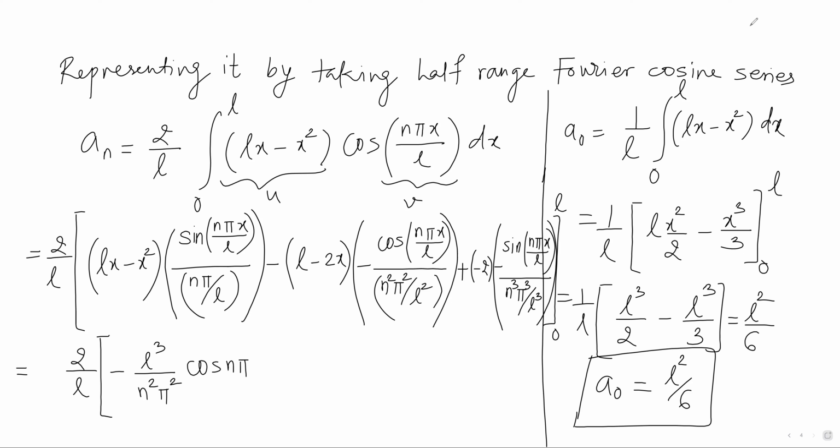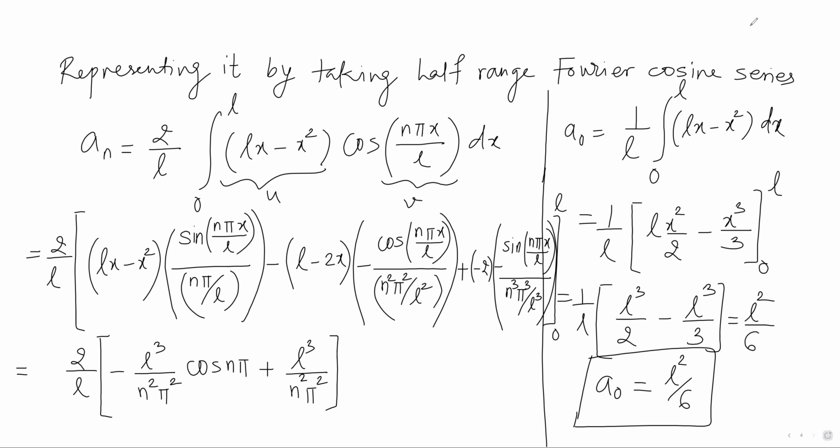Cos 0 is 1. And we'll again get minus 3 times, so it is plus 4 times we'll get. So it is plus, and we'll have this as L square. Correct? L square. And here it is cos 0, so it is L cube again, L cube upon n square pi square into 1.